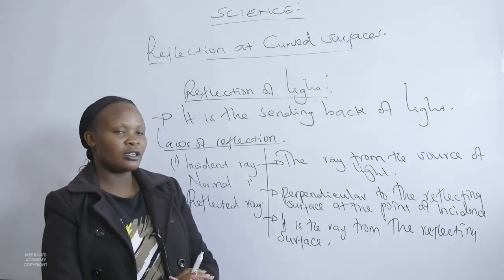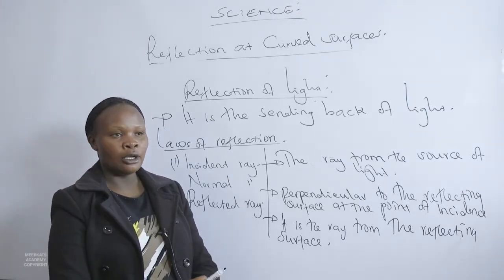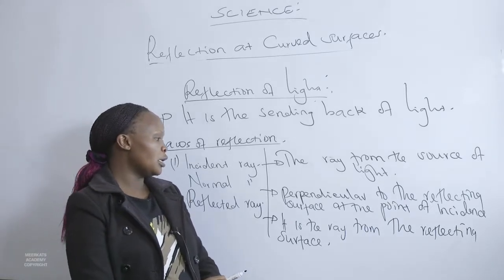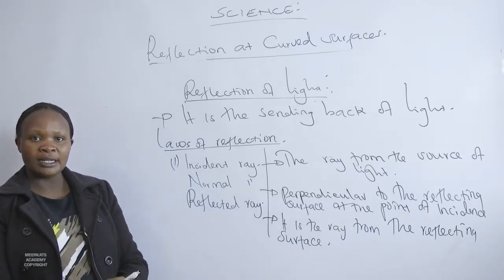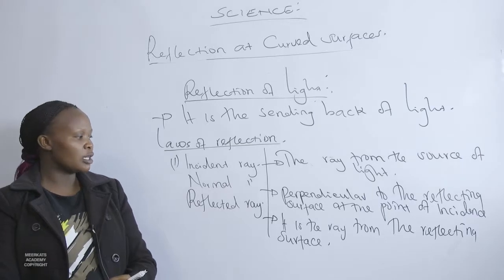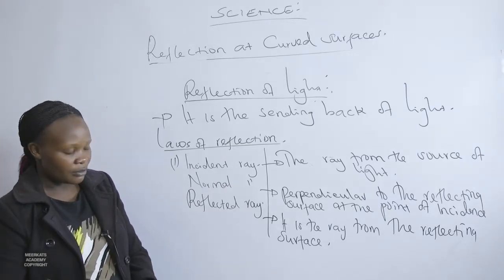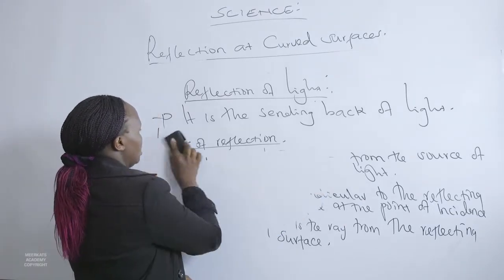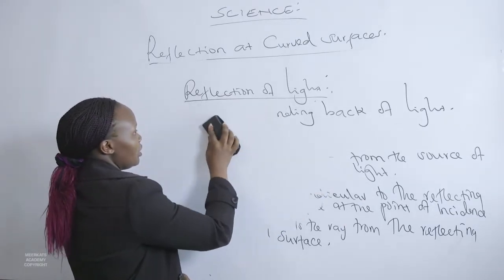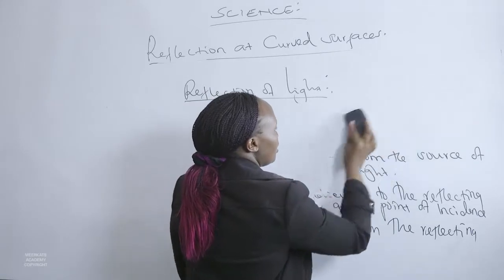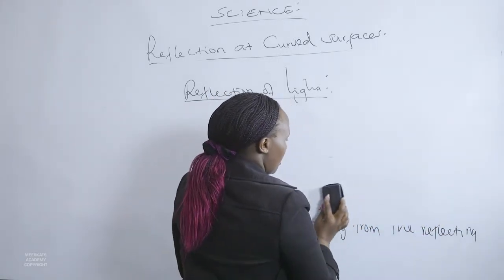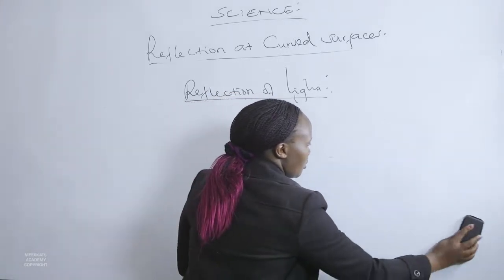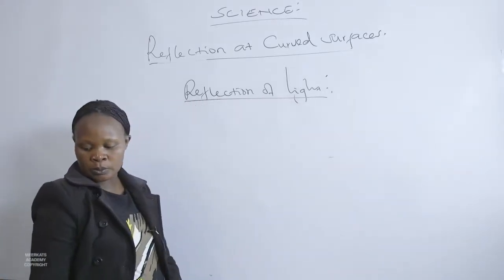And again, we have the reflected ray, which we are going to consider as the ray that comes from the reflecting surface. Now, I want to draw the three so we can see the relationship that exists among them.